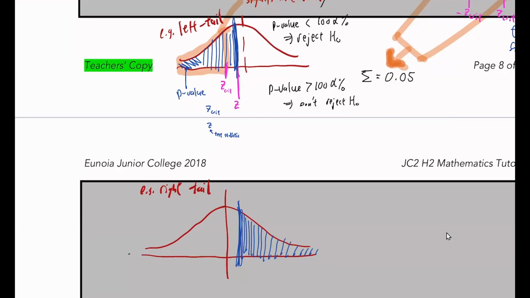That blue color area is your p-value with a Z being over at this location here. This is your Z. Is that okay for right tail test? Then where is your alpha if you want to not reject? It must be somewhere here, right? Do not reject. Okay, then where's your Z crit? Can you draw for me? Where's my Z crit?